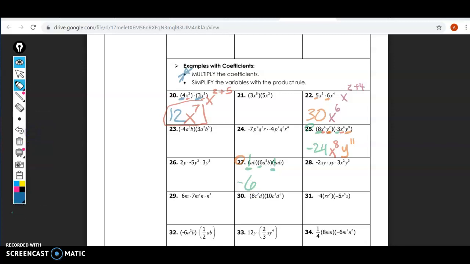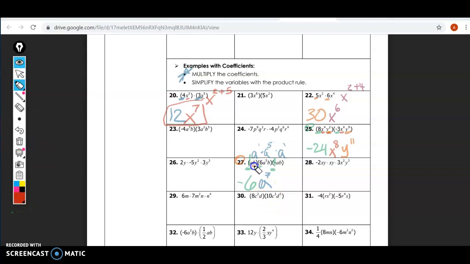Now let's talk about our a's, and then we'll do the b's after. Here we have an a to the 1 power, and then an a to the 5th power, and then another a to the 1st power. Adding them together makes a to the 7th power. Next, we can look at our b's.